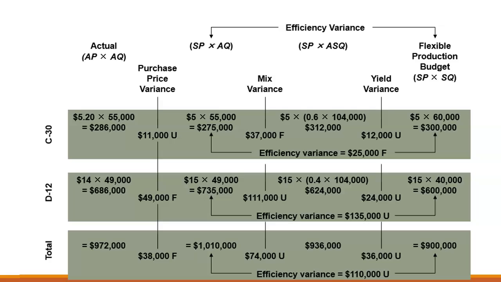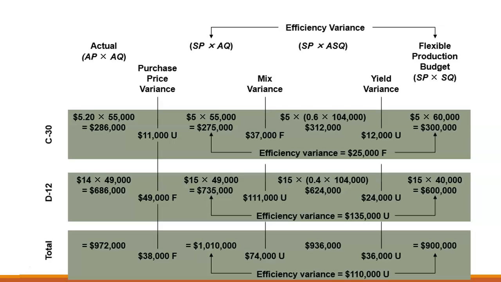So 60% of 104,000 should have been 62,400 units. Instead, we actually used 55,000. So we have a mix variance. We didn't keep to that 60-40%.